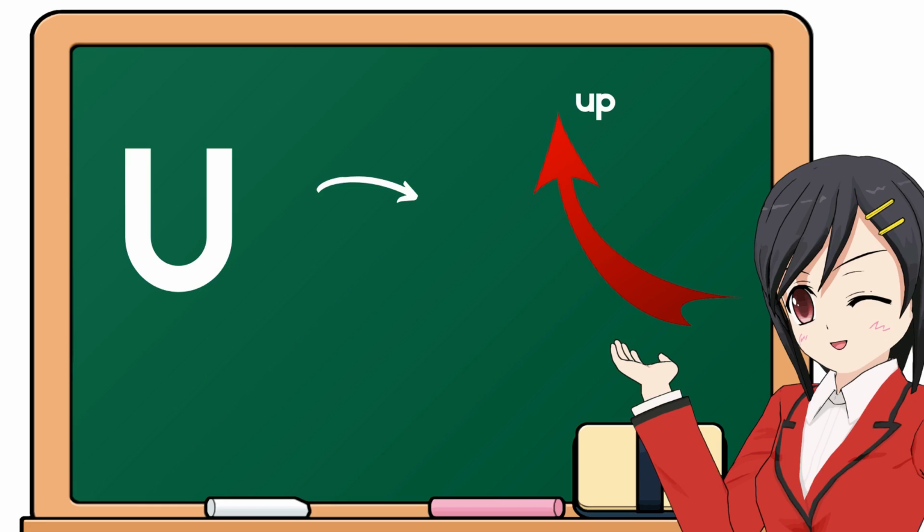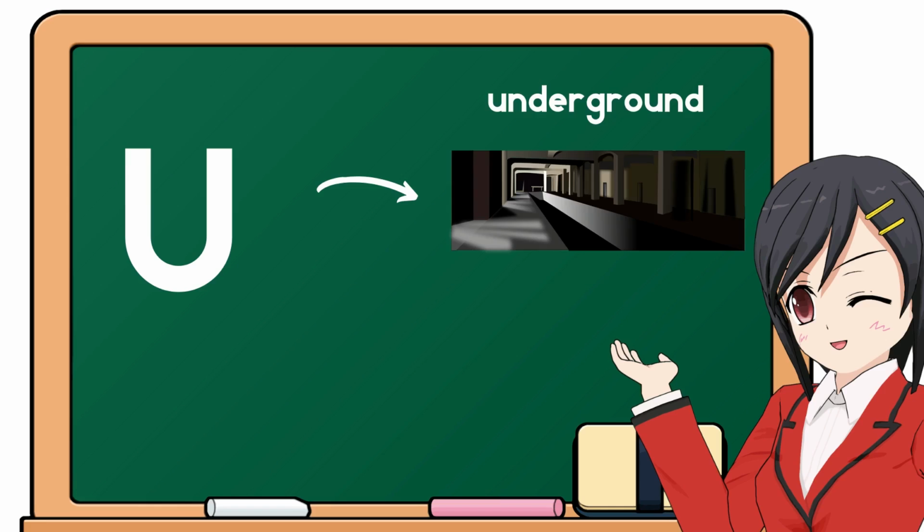U is for up. The arrow is going up. U is for underground. Again, underground.